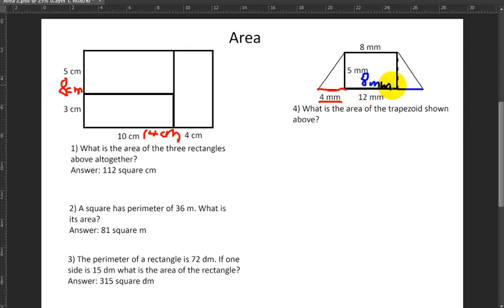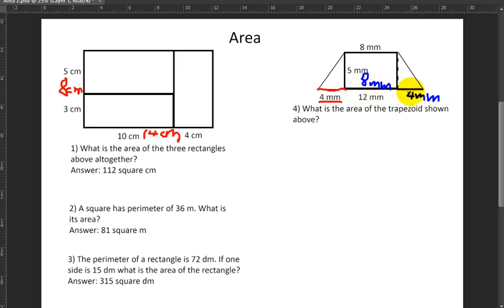Okay, but if we know that this side is 8 millimeters and this whole thing is 12, well, how much will this little blue part be? And the answer to that is that it's going to be 4, because together with this, it needs to be 12.